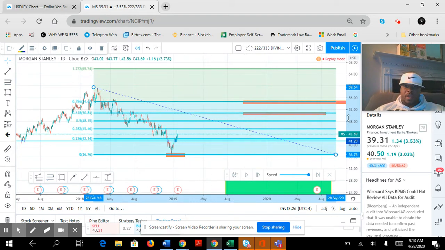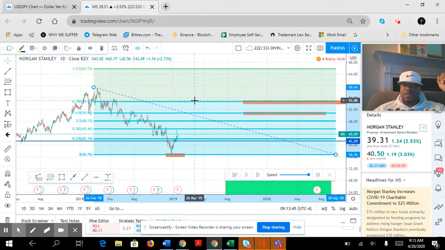At 61% we'll put a red bar, and then at 78% we'll put a red bar right there. And we will put an alert on our phone to alert me when price reaches up here to the $50 range, and alert me again when it reaches the 55, because now we can come to the chart and start making decisions on whether or not we want to take the trade.